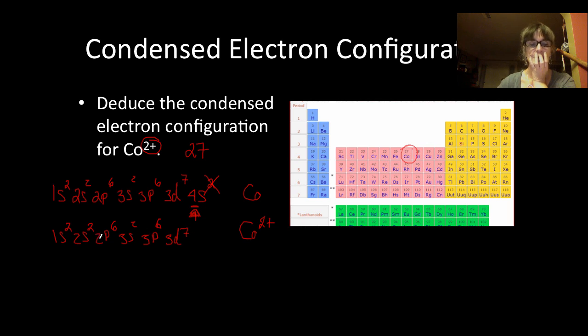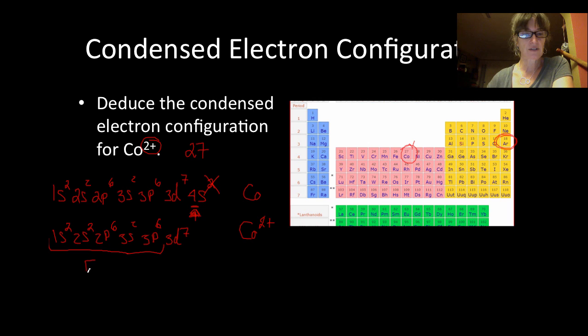Now here's a really interesting thing. This configuration right here, 1s2, 2s2, 2p6, 3s2, 3p6, is the same as the configuration for the noble gas that's one row above the row where my element is, cobalt. So this is 18 electrons, and it is the same as argon.